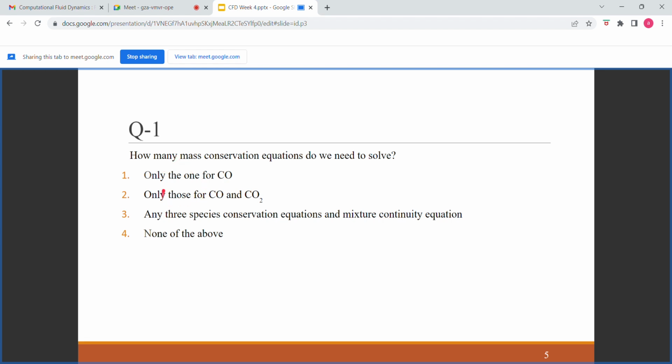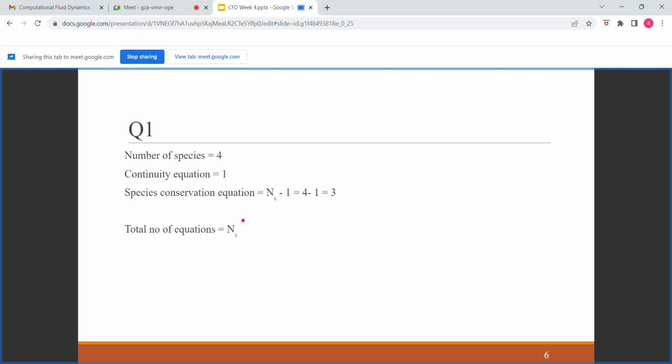Also, with one for a reactant, carbon monoxide, and one for a product, it would not give us the answer. Similarly, with any three of the species conservation equations and the mixture continuity equation, we can solve the problem, so it is not none of the above. The answer is option 3, that is any three species conservation equations and the mixture continuity equation.